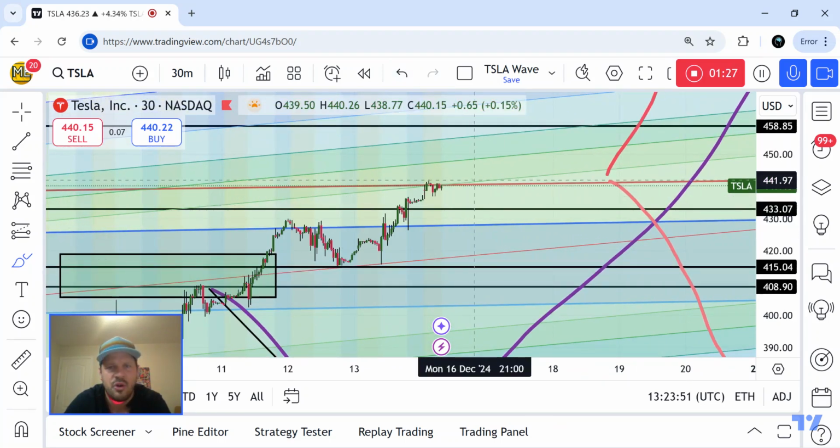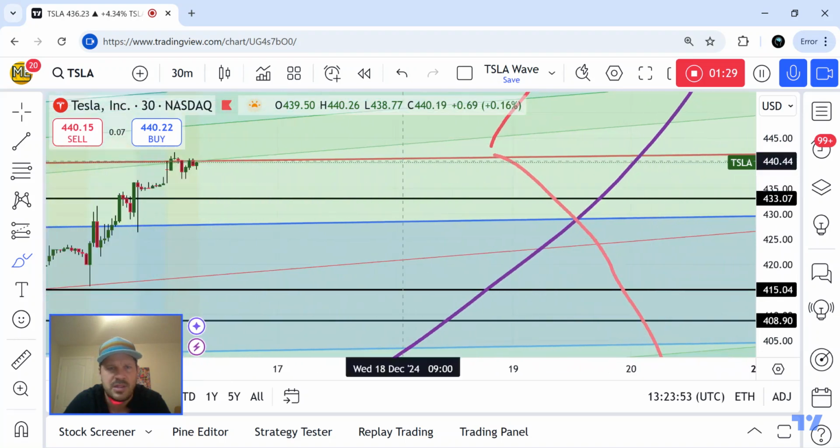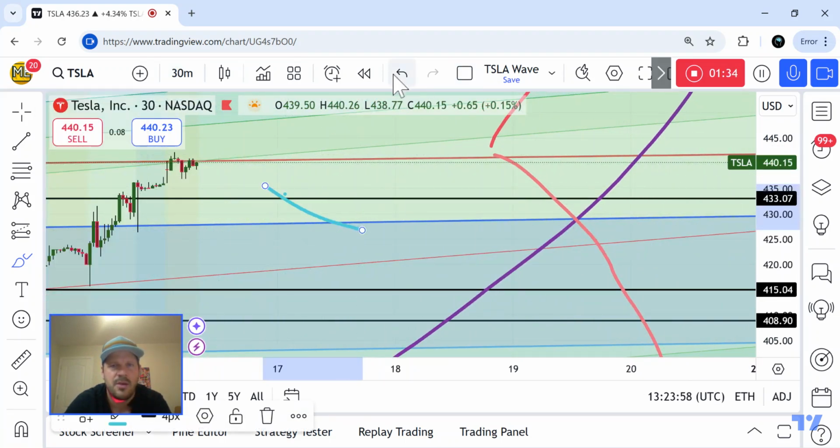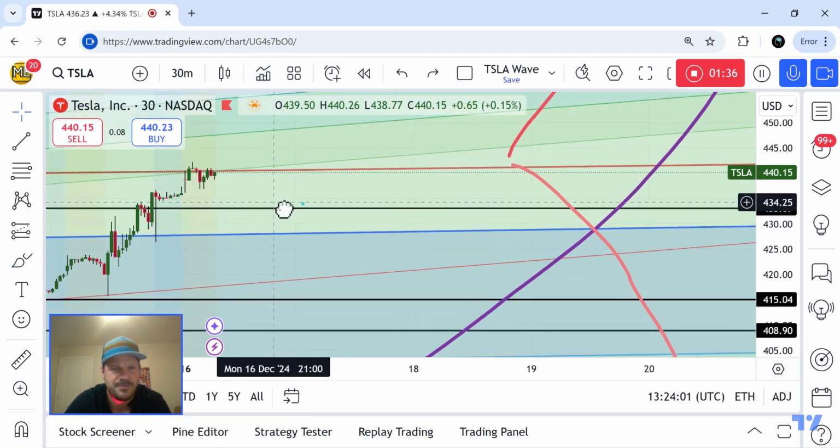So again, I'll show you right now here, we got some resistance. We already are at 30-minute, which is good on the time frame.